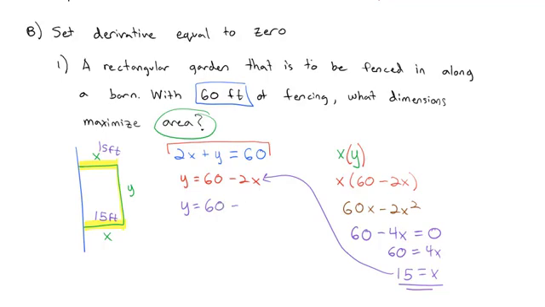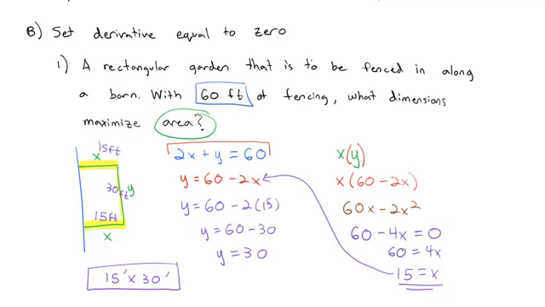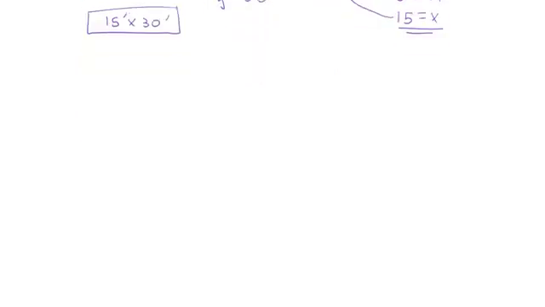Y is 60 minus 2 times 15, which is 60 minus 30. So the y dimension must be 30 feet. And so the dimensions to maximize the area of my barn is 15 by 30 feet. And that'll give us the maximum area. Take the derivative and set it equal to 0. It's our general strategy.